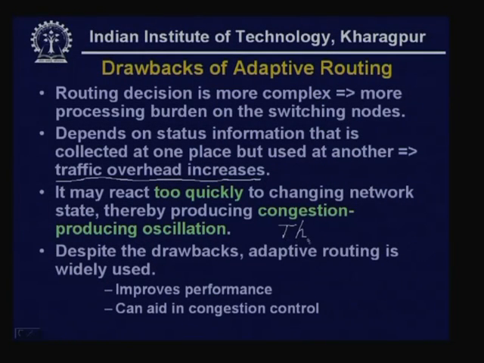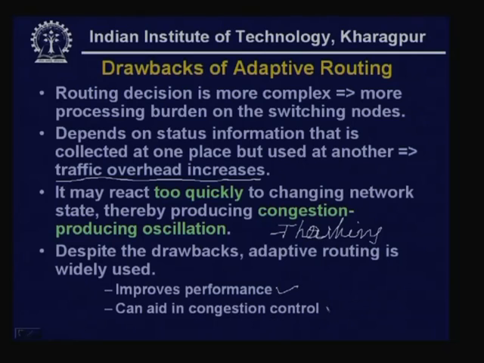This is known as thrashing situation. So this thrashing situation has to be avoided, and it may arise in adaptive routing unless it is carefully implemented.